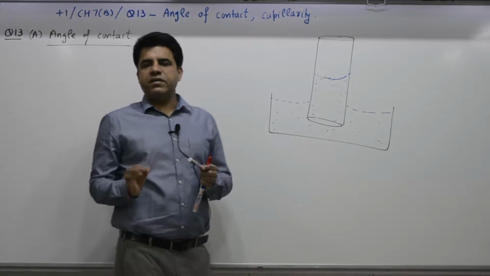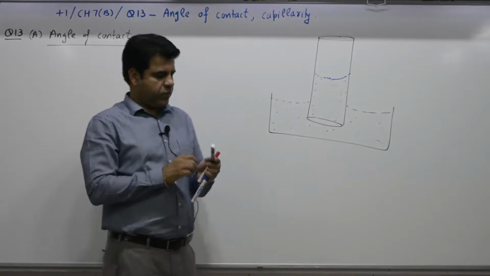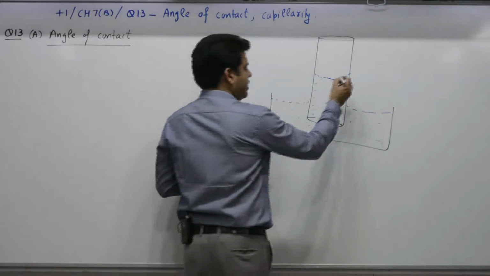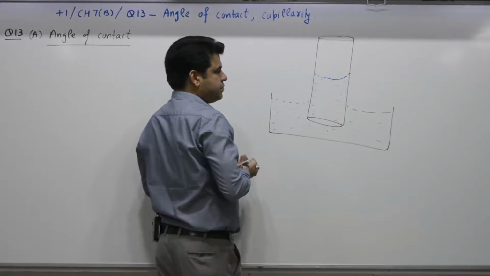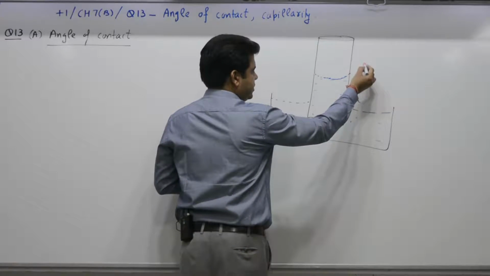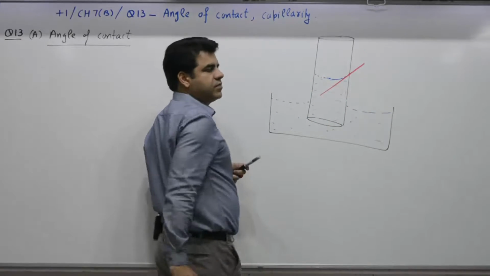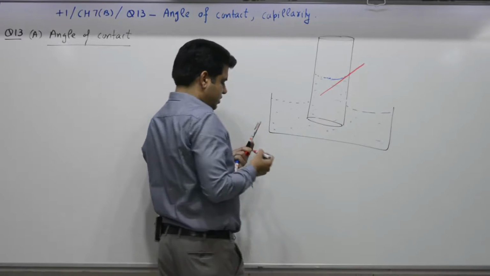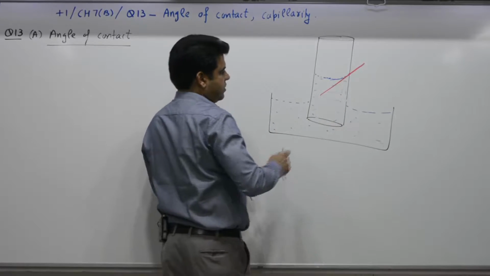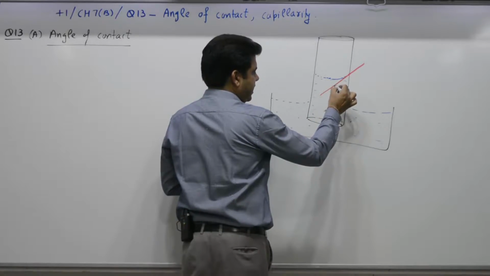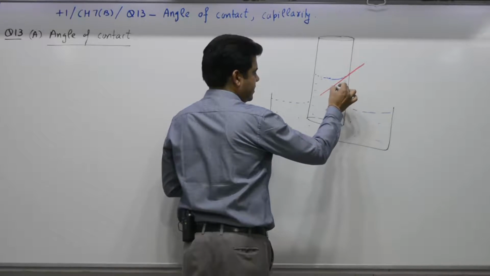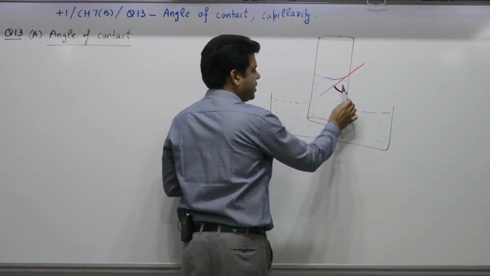Now we want to define what is angle of contact. At this point, you draw a tangent to the liquid surface. When you draw a tangent to the liquid surface, you find an angle inside the liquid, not outside.